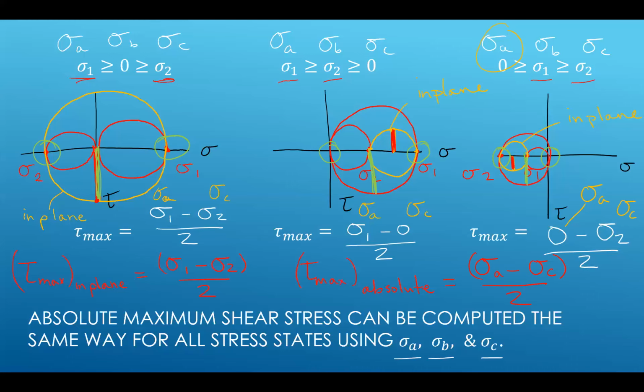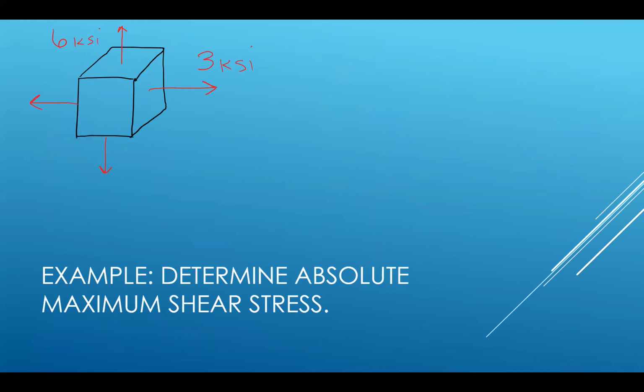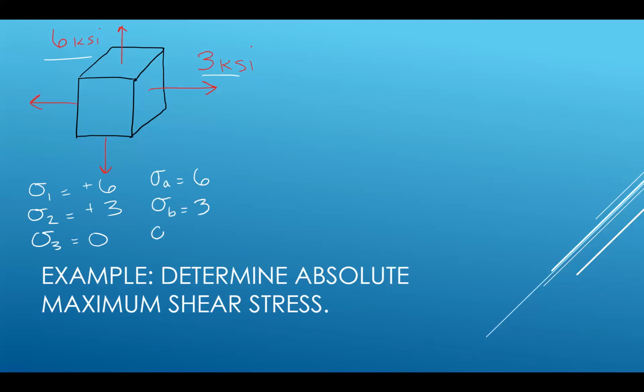So if you know your 3 principal stresses, for example, you have a stress state that looks like this, 6, 6, and 3, you know that sigma 1 is a positive 6, sigma 2 is a positive 3, and sigma 3 is going to be 0. You can now align these from largest to smallest with sigma A, B, and C. So sigma A is the largest, 6, sigma B is the middle, 3, and sigma C then is 0. That's the smallest.